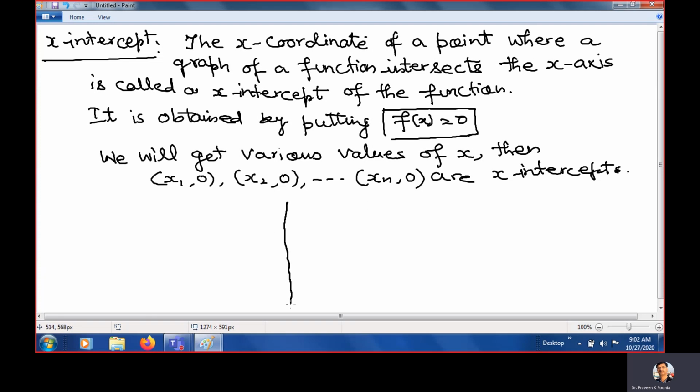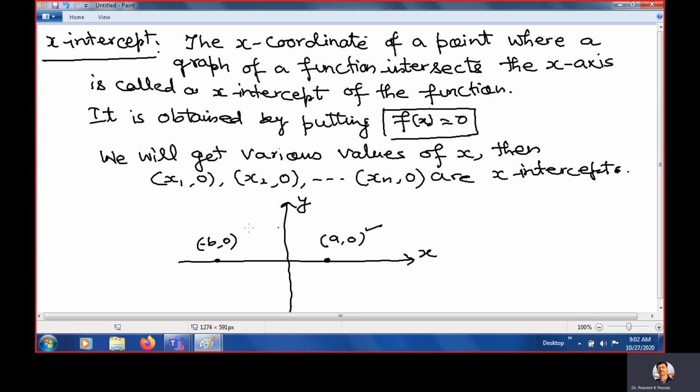So if this is the xy plane, this is the x-axis, this is the y-axis, clear. If the graph is passing through, say, a comma 0, and here the graph is passing through minus b comma 0, clear.